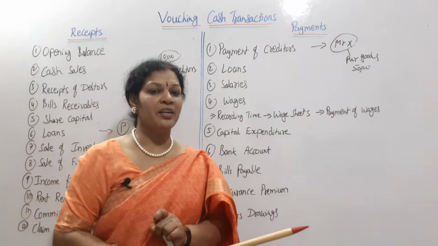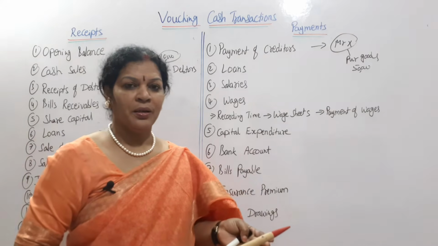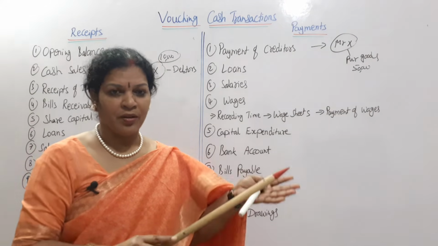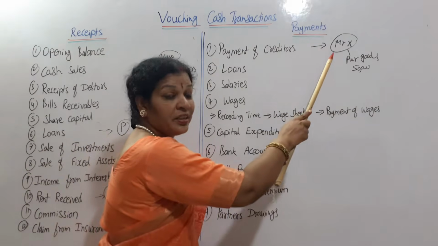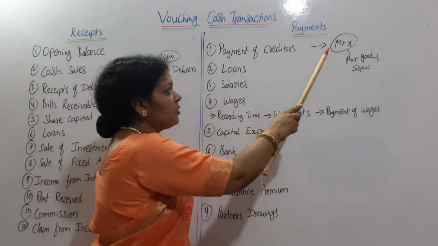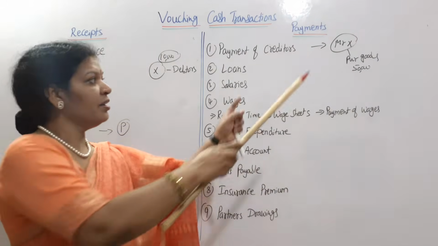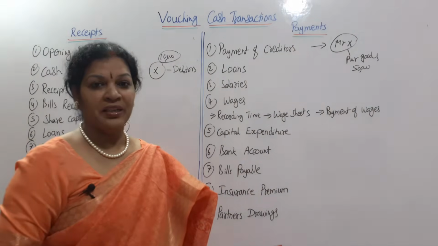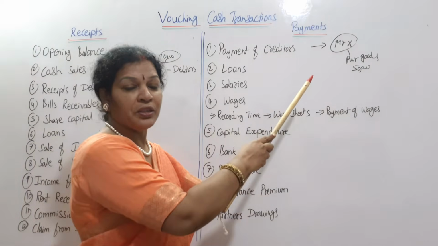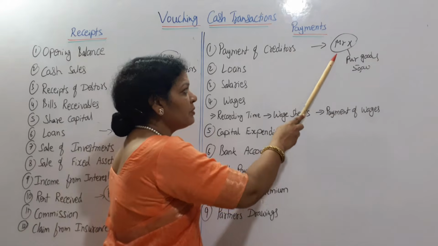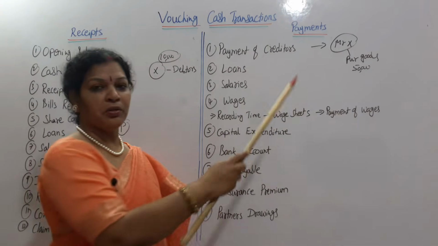How does the auditor have to verify this transaction? Just simply by checking the purchase book. He will come to know how many creditors are there. Suppose he finds in the creditors book, purchase book, Mr. X, 50,000 rupees. Then we are paying 50,000 rupees to Mr. X. So Mr. X is receiving 50,000 rupees from us, payment of creditors, 50,000 is over.